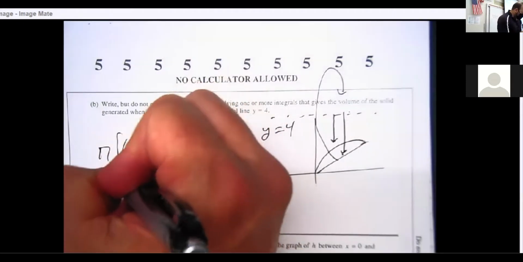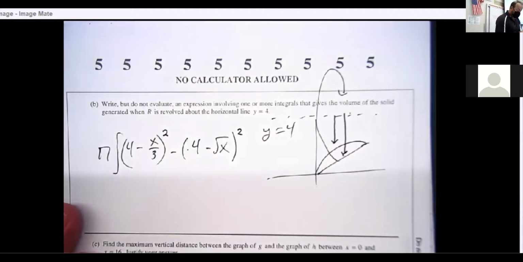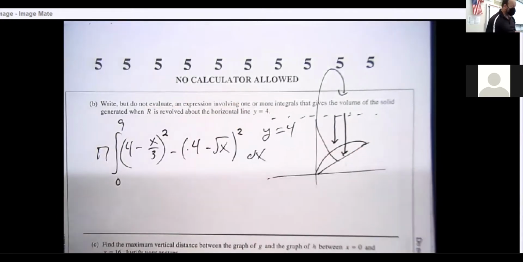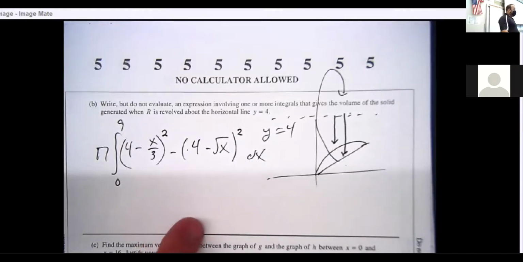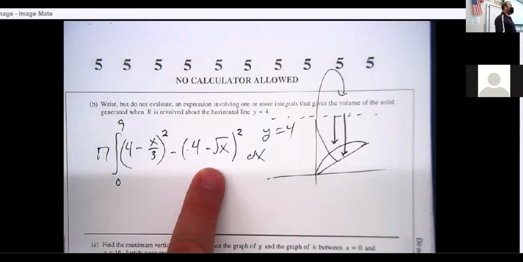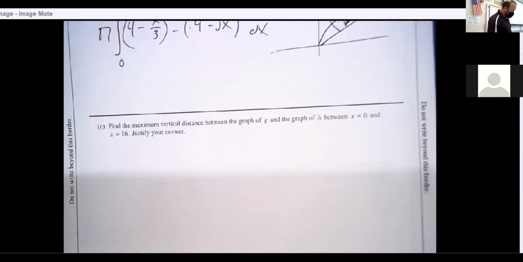And where do we want to integrate from? 0 to 9. Don't forget your little dx. That's it. They said write it, don't bother to do it. Now, why did they say don't bother? You don't have a calculator, that would suck. Could we do this one? Actually, we could do that one too, but that would be evil. We could execute that, but the time would just be bad.